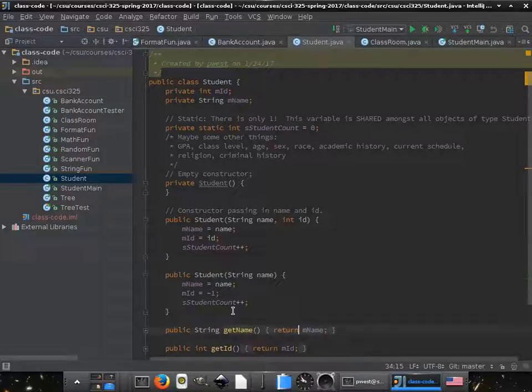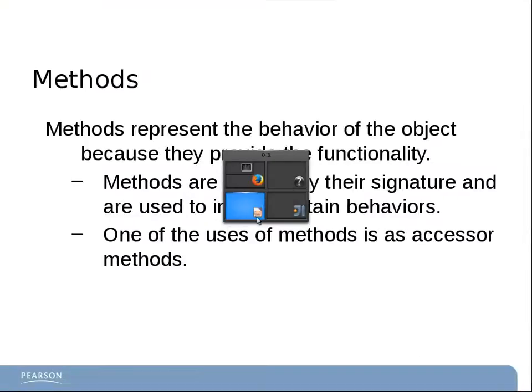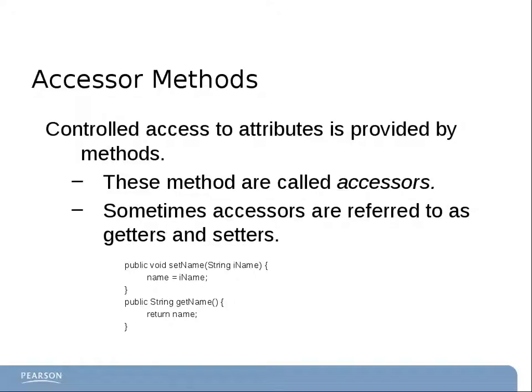That just returns the name. Sometimes they're referred to as getters and setters. I call them getters and setters. If you were learning C#, it's explicitly get and set. But here, this is how we set up getters and setters in Java. This is the convention.